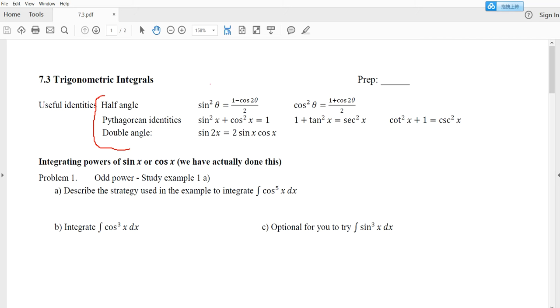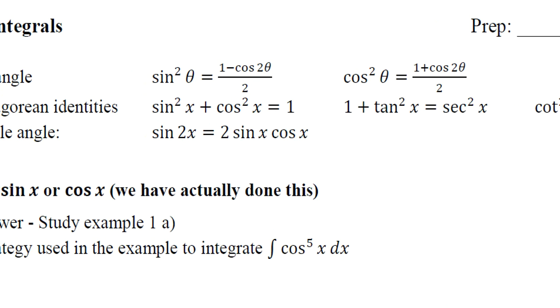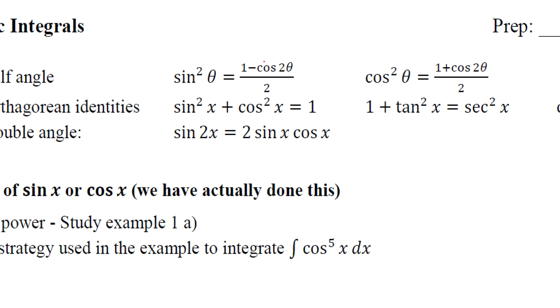Let's take a look at the first one, the half angle identities. There are sine and cosine versions. One is for sine theta squared, and the other one is for cosine theta squared. I would like you to look at these two identities this way: the left hand side is power 2, and the right hand side, the cosine, is power 1.